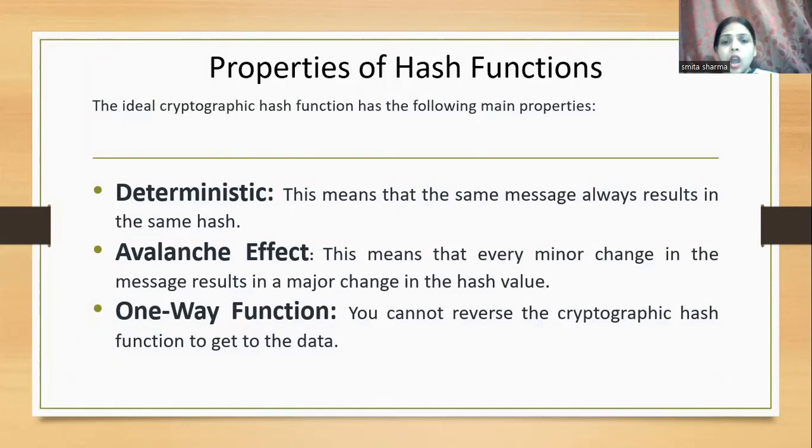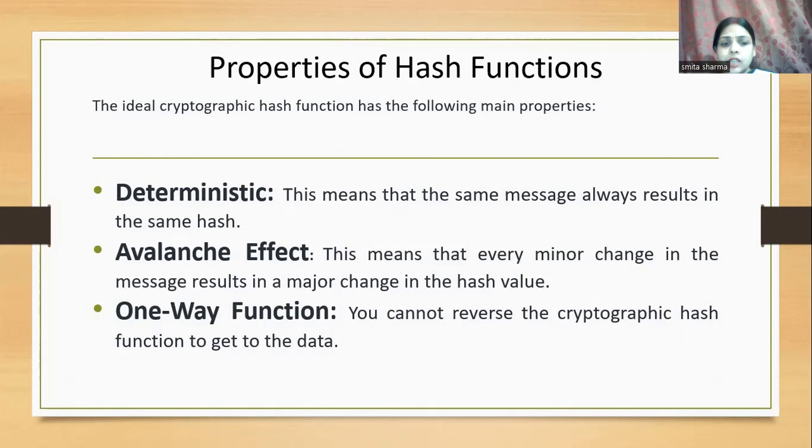No matter how many times we process a particular message through the hash function, we will get the same hash value. The next property is avalanche effect. It means that a minor change made in the message will produce a major change in the hash value.